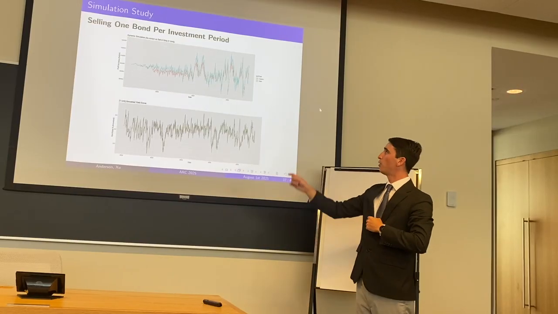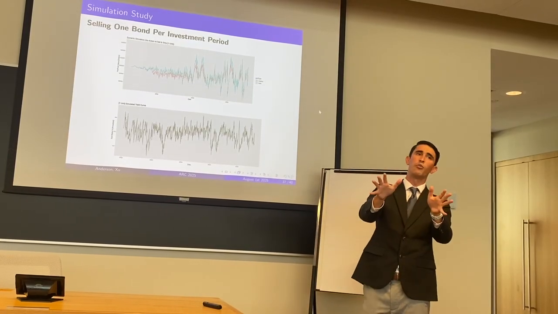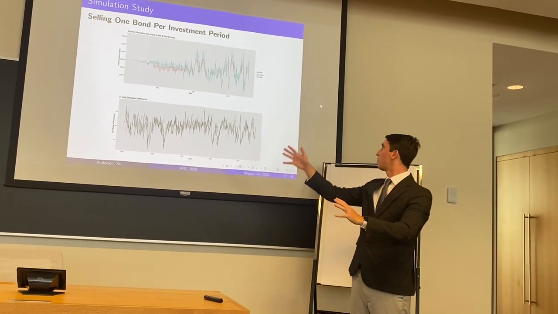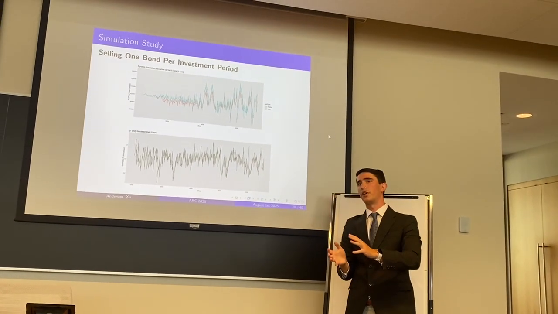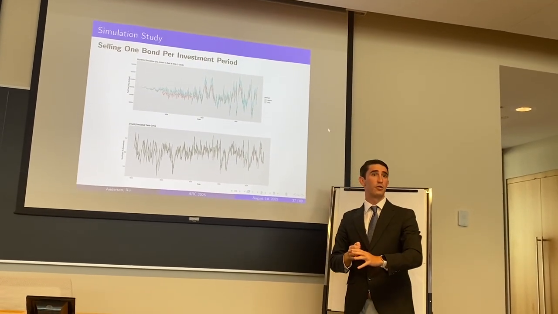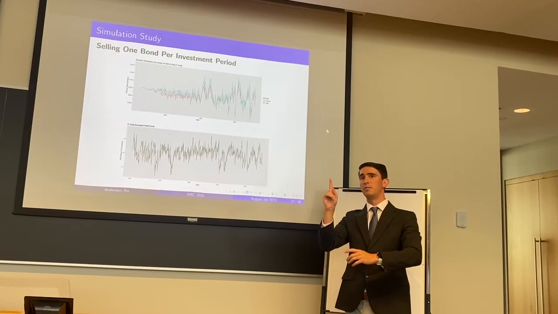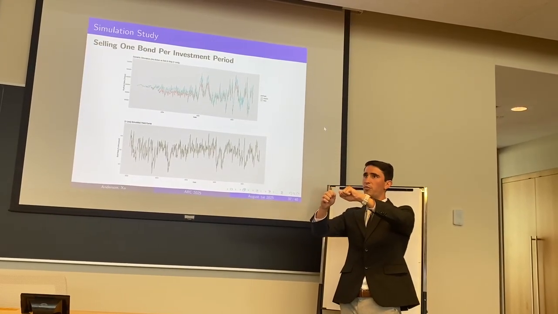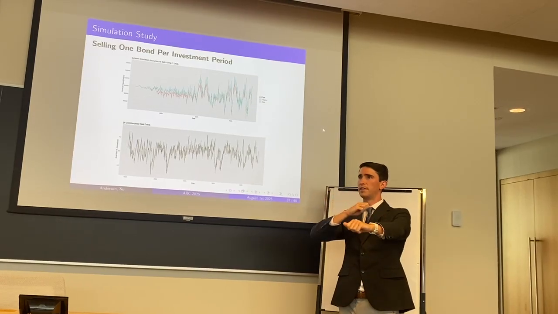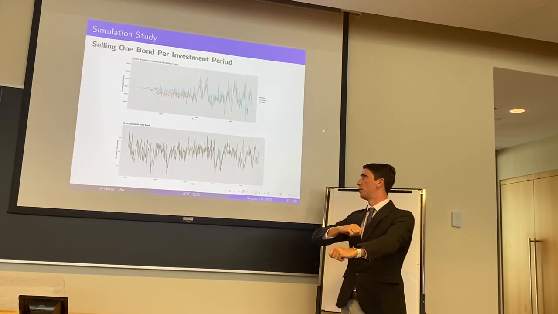So what we find when we do it across just a single bond is that for the most part, our dynamic portfolio actually falls apart, because you start shifting a bit of your duration risk in an unfavorable direction.